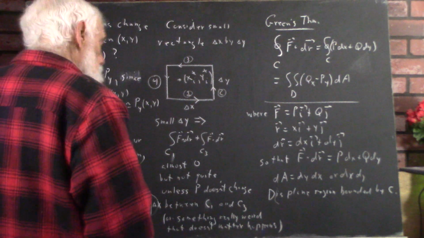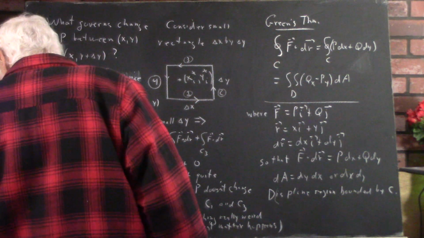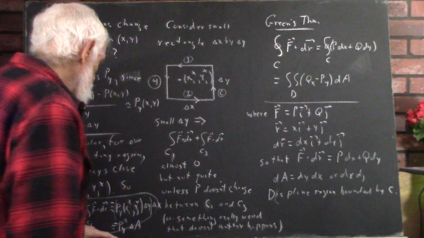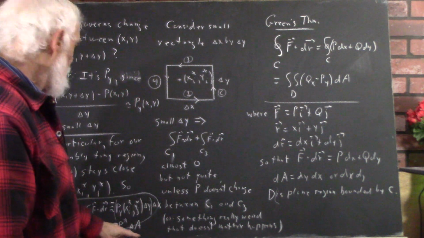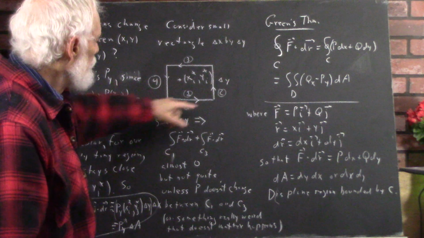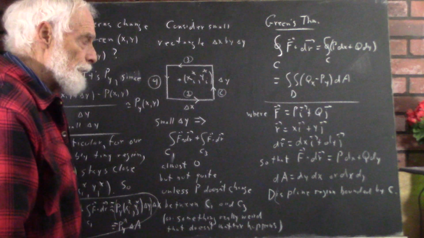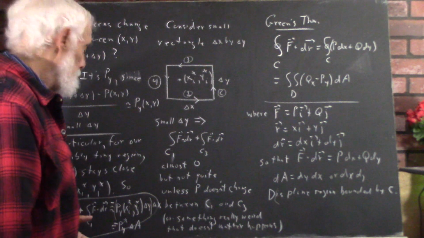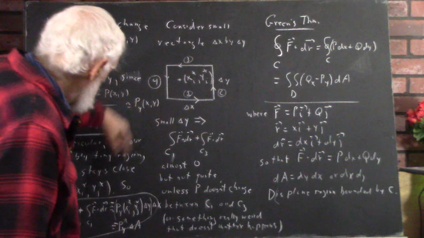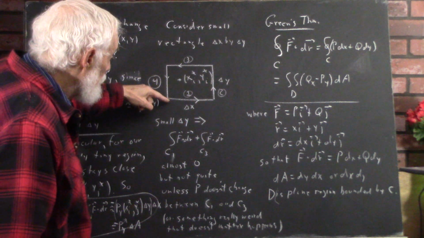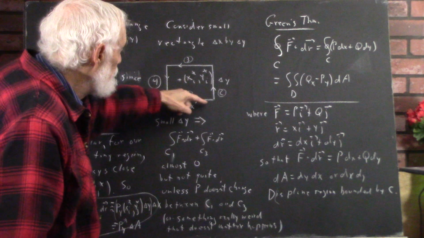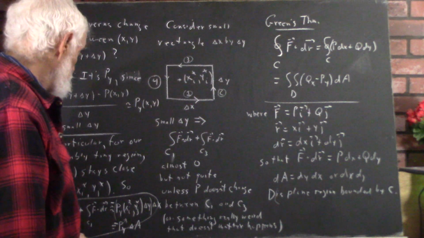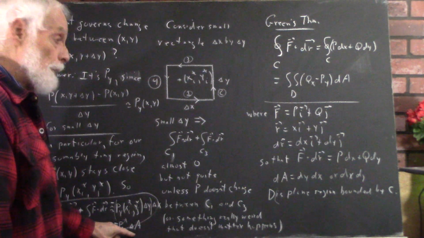Okay, well, we have this. Okay, and that's really totally neat, and we begin to see how the line integral around here is going to be related to the area, because we've already seen that the line integral contribution of path 1 and path 3 is related to Py times the area.